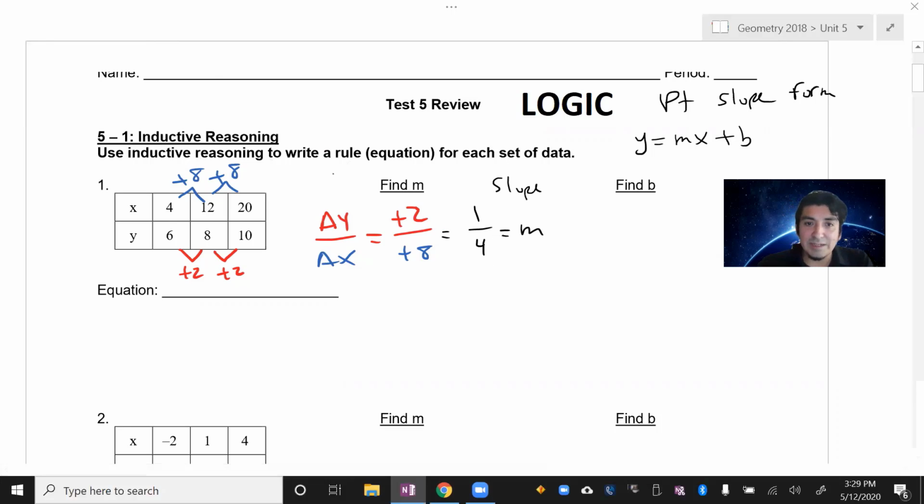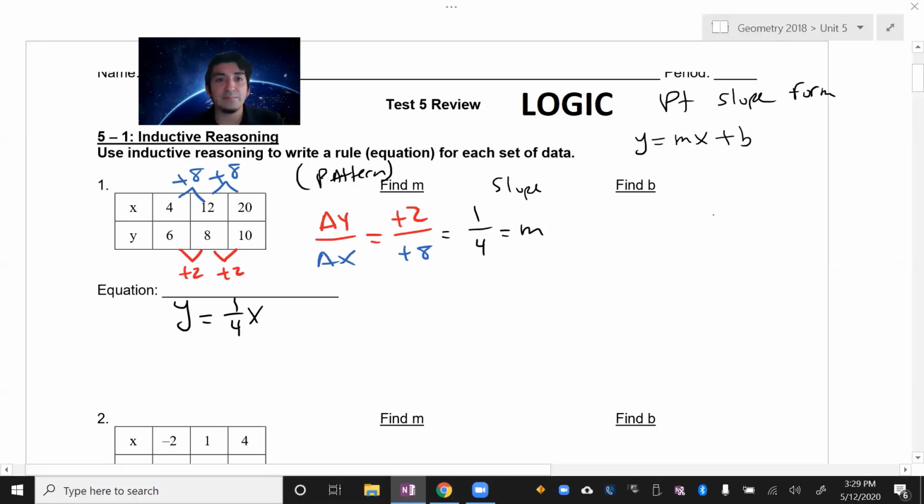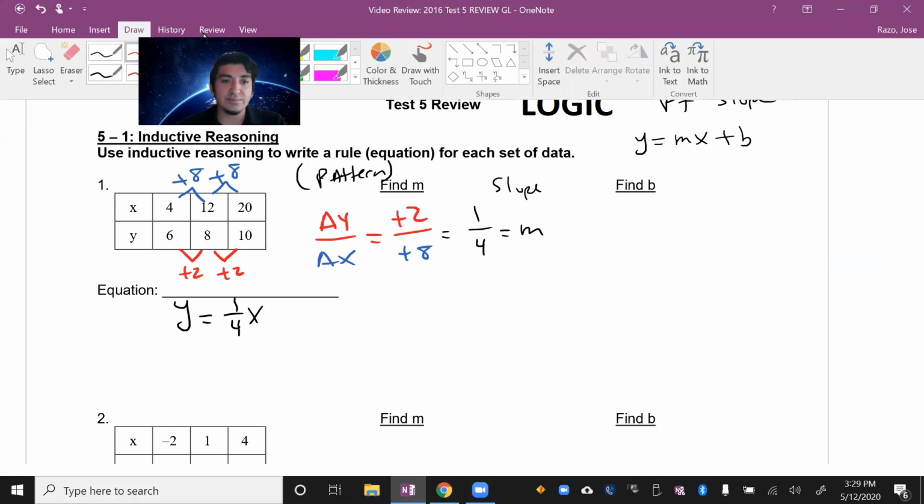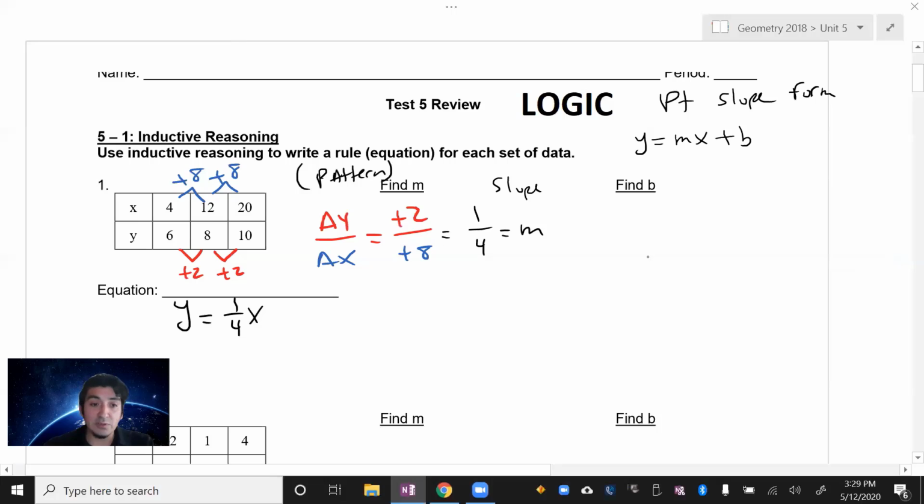Now, this part right here can be recognized as the pattern that we can see from the table. So the first part of the equation is y = 1/4 x, and then plus the y-intercept. In this case, it would be the b. If we're trying to look for b, then I'm going to use y = mx + b, and plug in what I know.